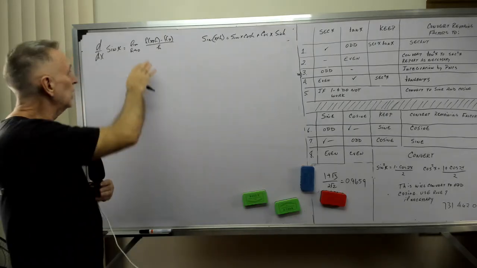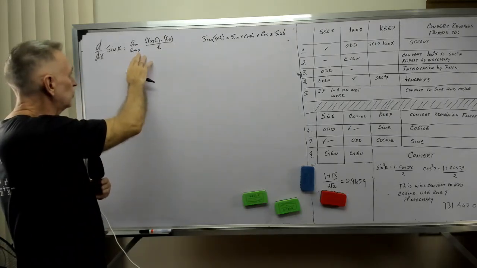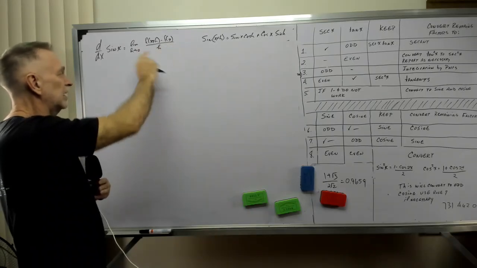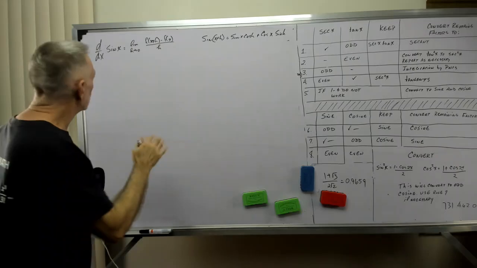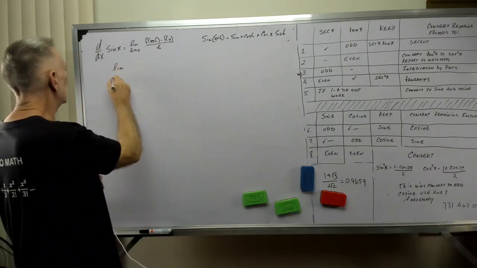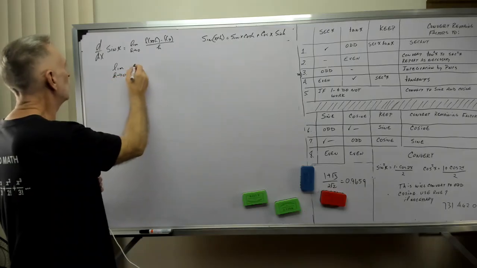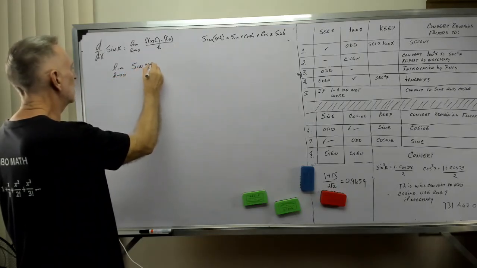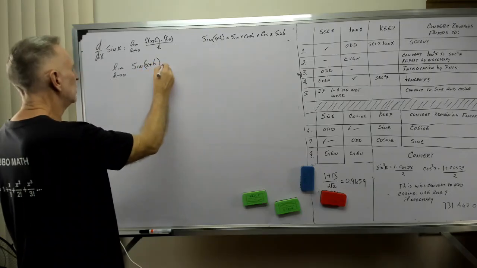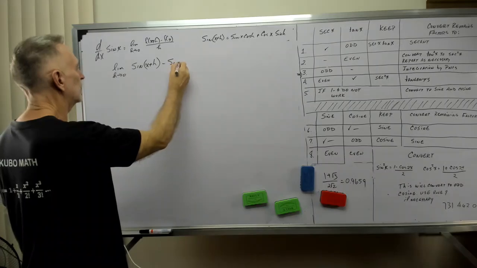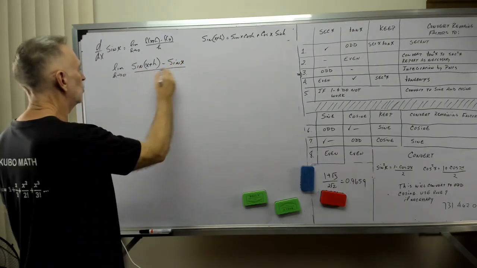Recall the limit formula is the limit as h approaches 0 of f of x plus h minus f of x over h. So the limit as h approaches 0 of sine of x plus h minus sine x over h.